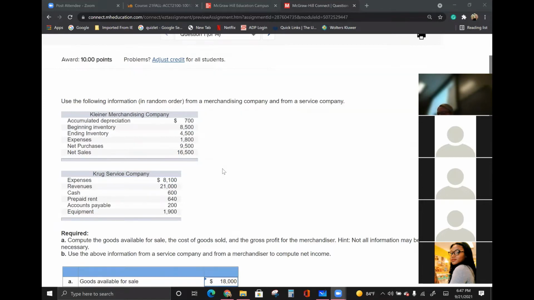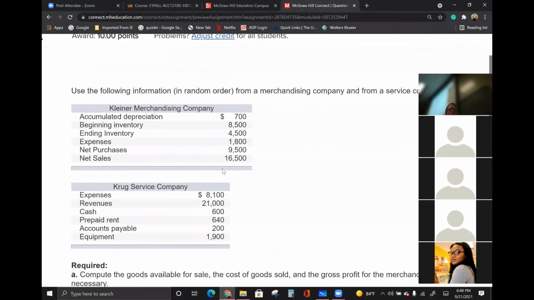So we have to take the 8,500 and we have to add what? What's getting added to my beginning inventory? For Kleiner Merchandising Company. The depreciation? The net purchases? Yes, the purchases.